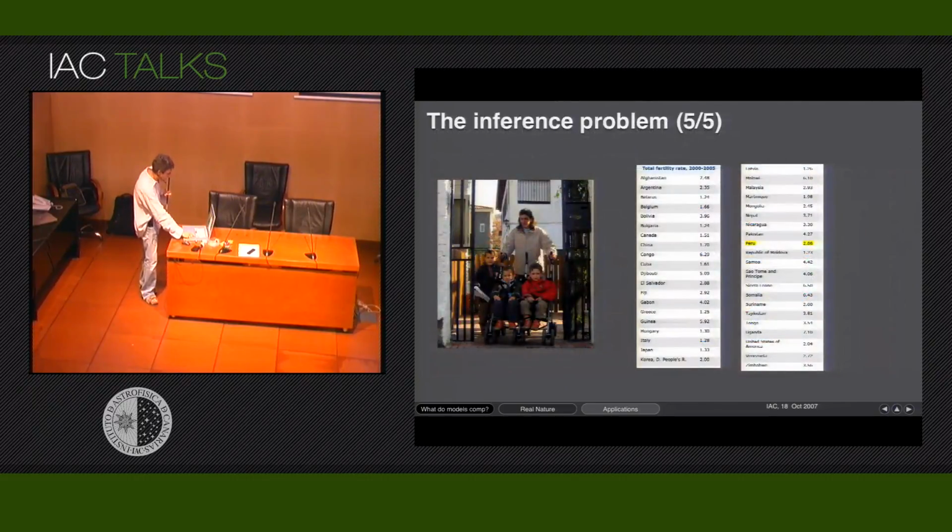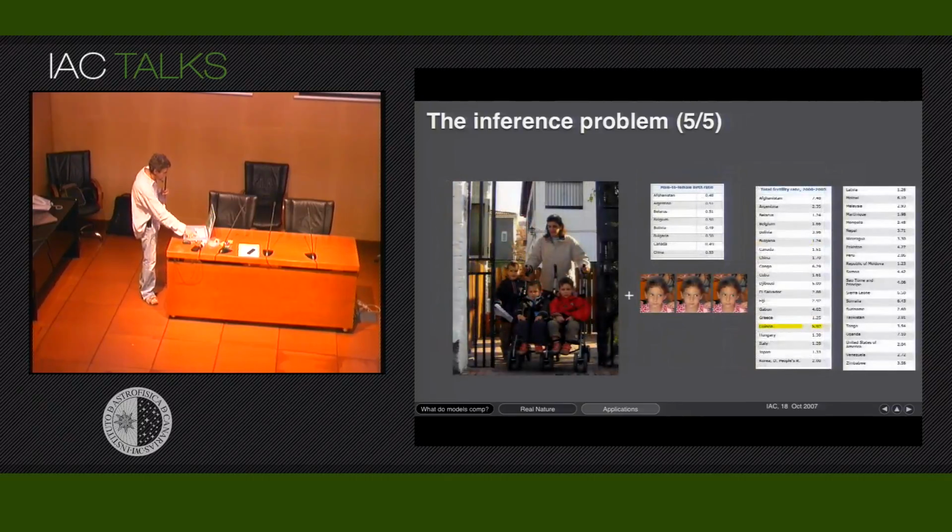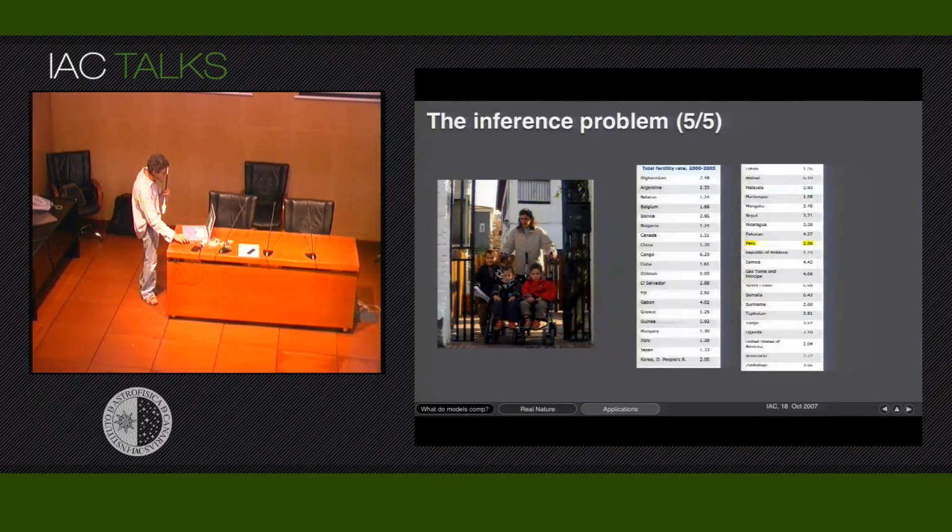Well, this was another example of an inference problem. You have this person here, and you want to know their nationality. So you say, okay, there is one woman with 3 children, more or less, and the fertility rate is something like 3, so this person is from Peru.